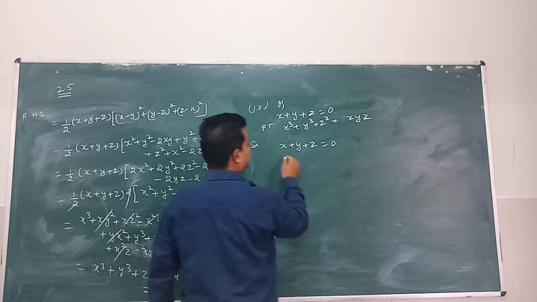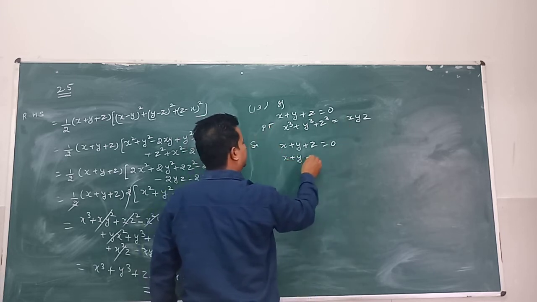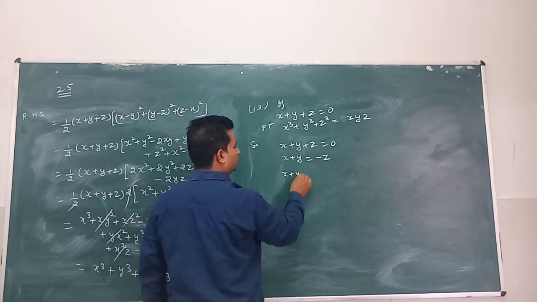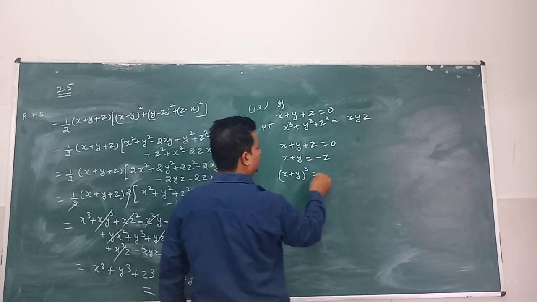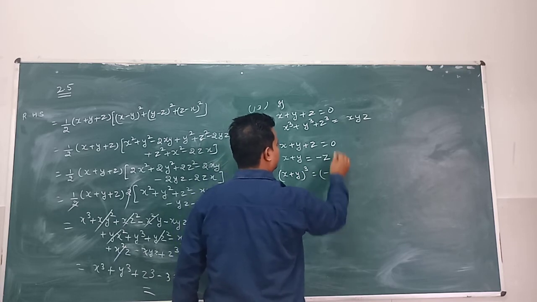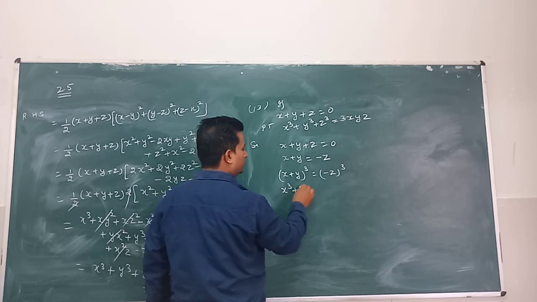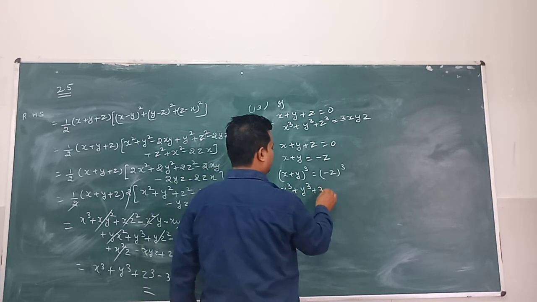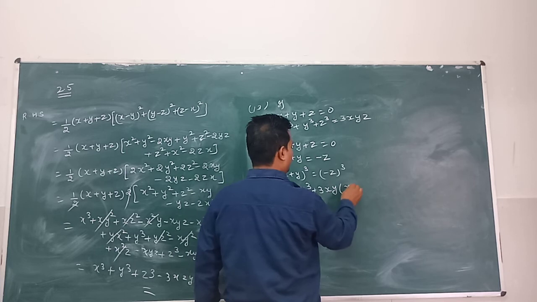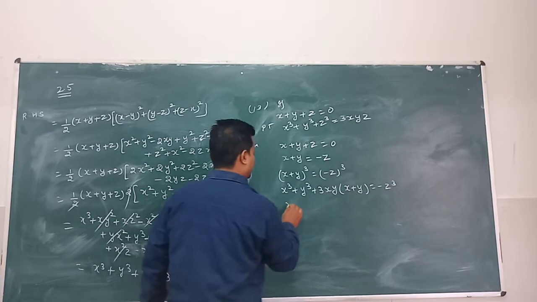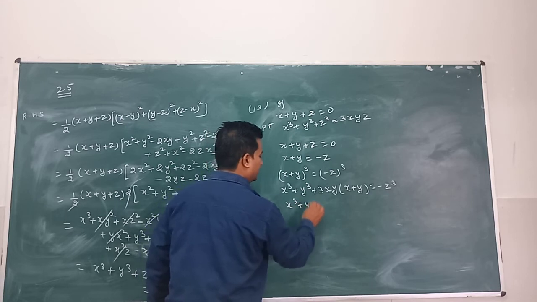Here x plus y equals minus z. So cubing both sides, when we cube this equation, a plus b whole cube is a cube plus b cube plus 3ab(a plus b). This is minus z cube. Here this is x cube plus y cube.